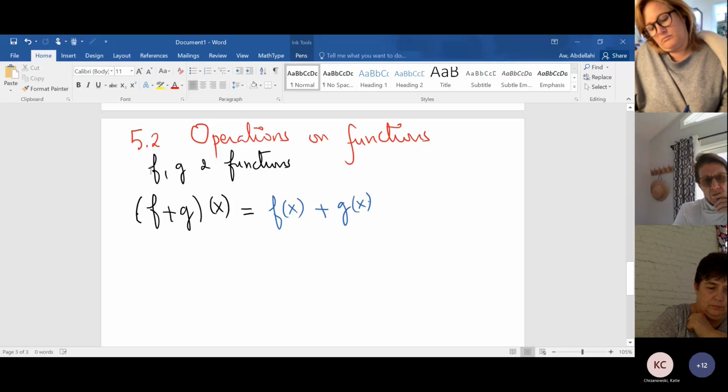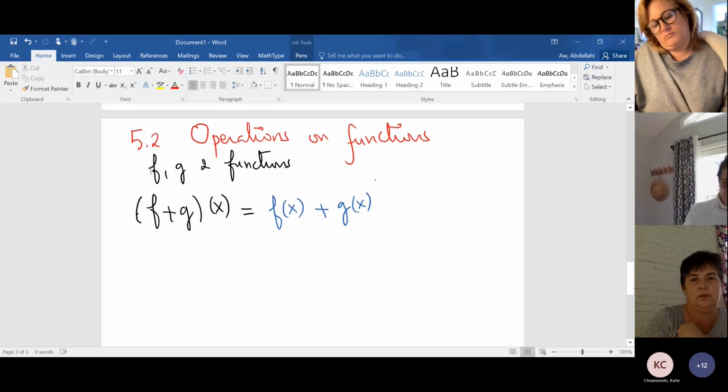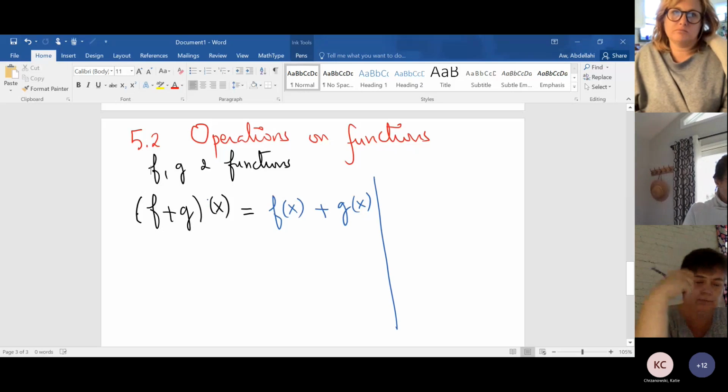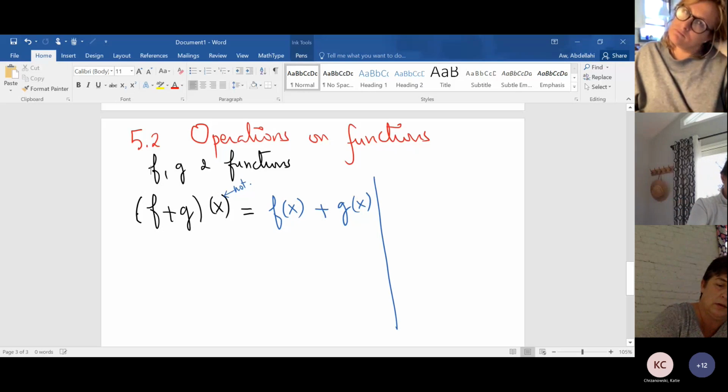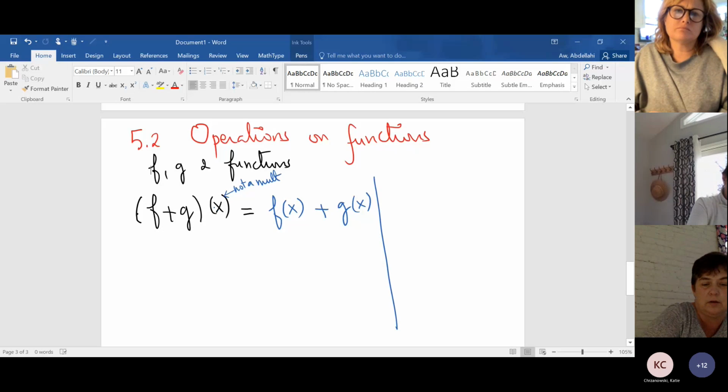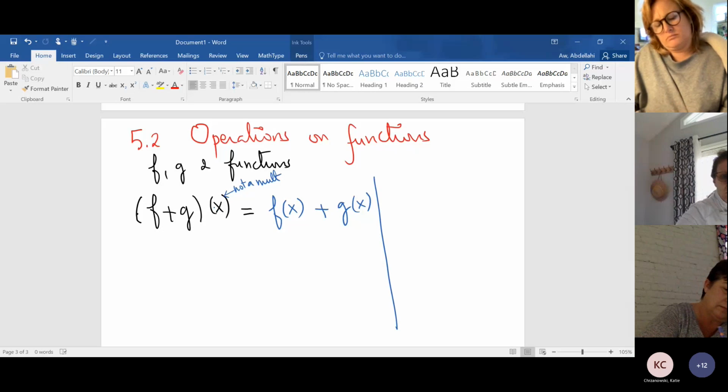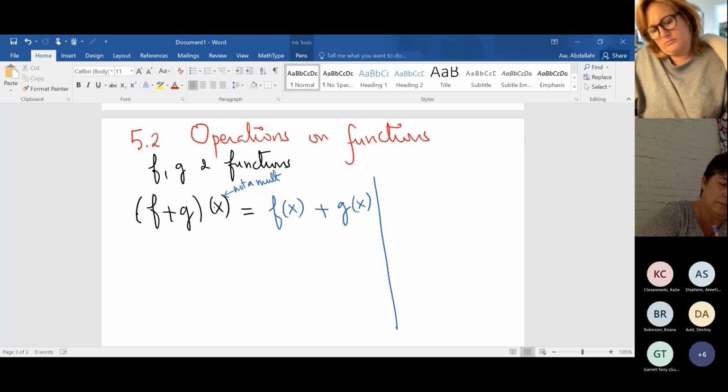This is not a multiplication. Again, I repeat, this is not a multiplication. It means f plus g of x. So the sum of two functions is the sum of the two functions' outputs. This is what we say.